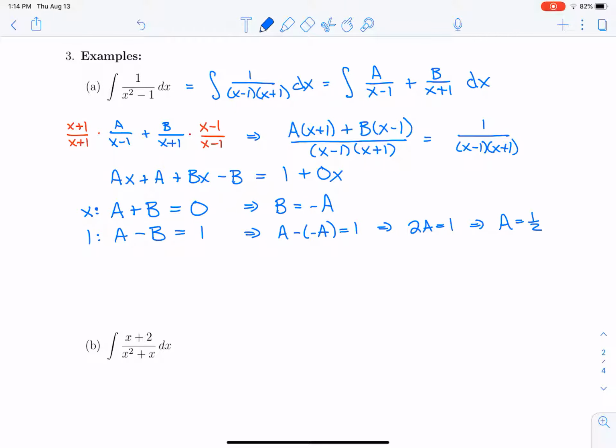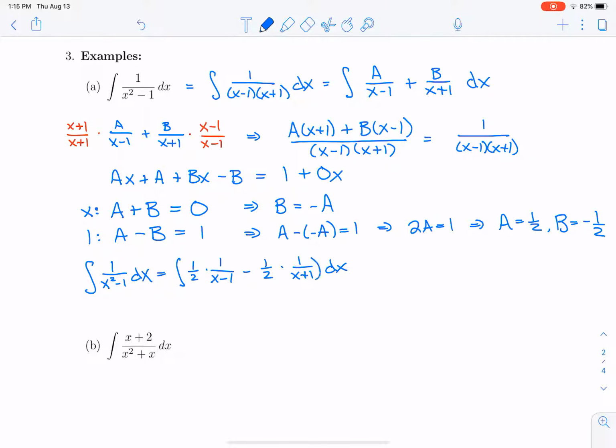Well, if A is equal to a half, then B, which is minus A, must be minus a half. And so now I have that my integral of 1 over x squared minus 1 dx must equal the integral of 1/2 times 1 over x minus 1 minus 1/2 times 1 over x plus 1 dx.